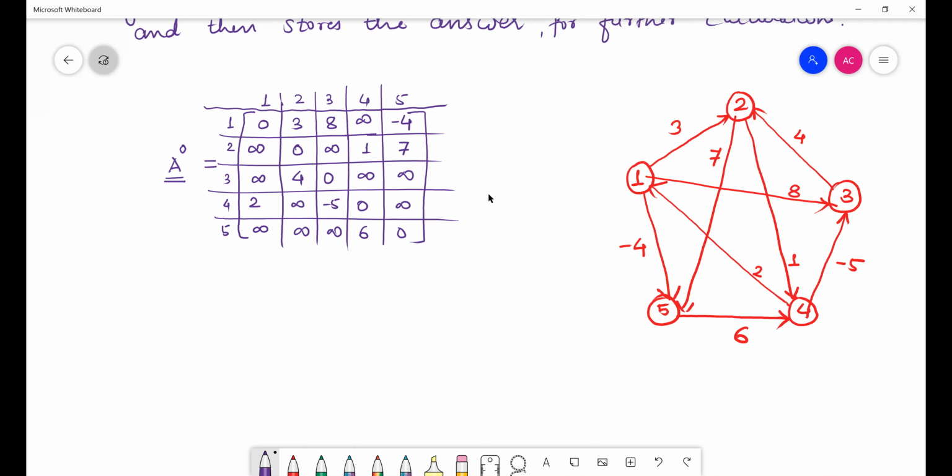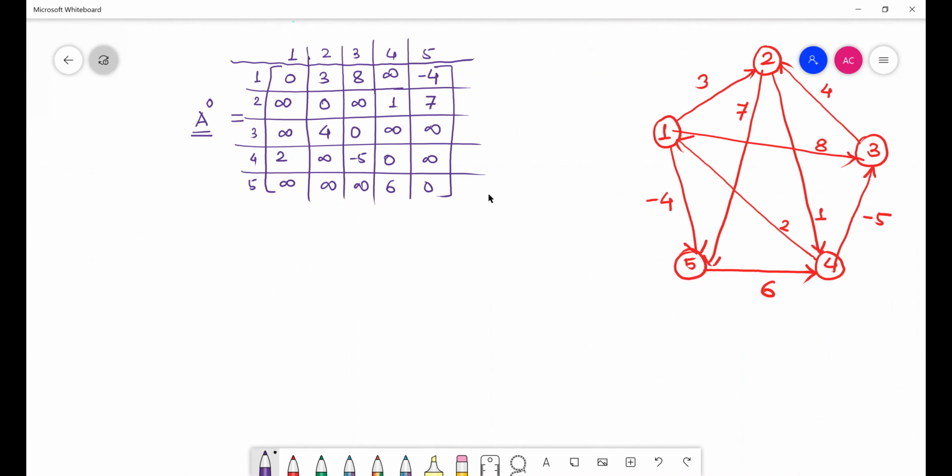Okay, so let's try it. Let's calculate the things. I'll form the next matrix which is A1.